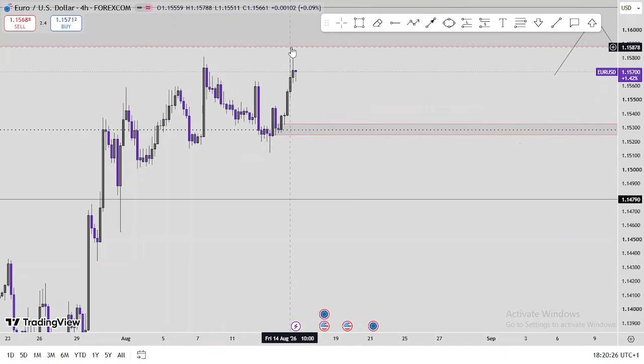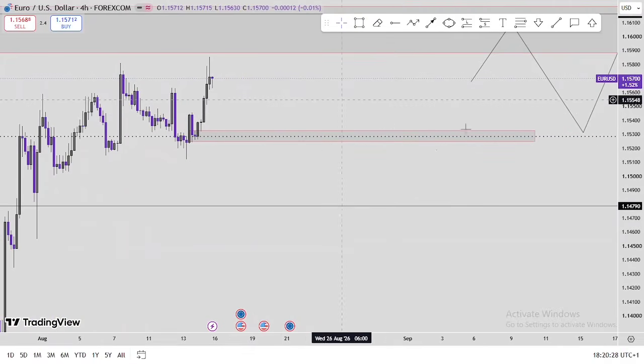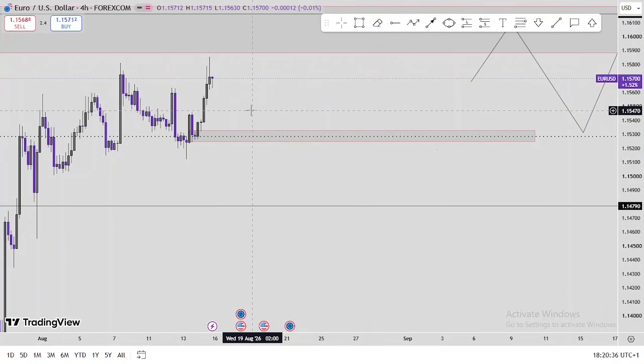This area here, potential supply for price to come back to before continuing its move up, because we have candle formation. What I look for when marking out a demand area is usually two things being ticked out of three.